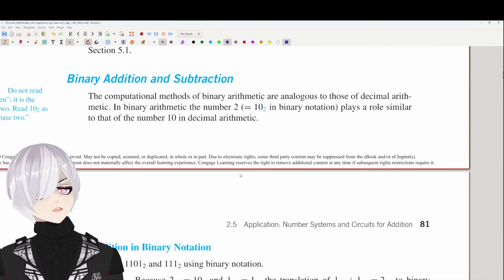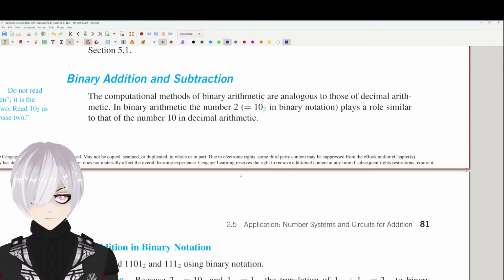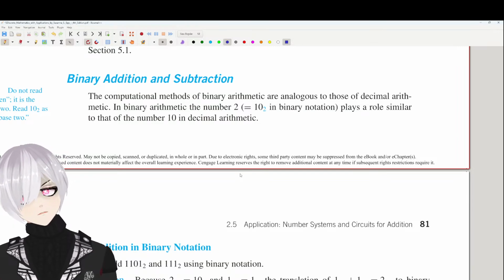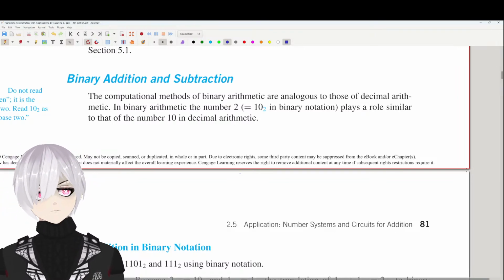Example. Add 1101 and 111 using binary notation. In the solution, they give us some more information that we need to do it.